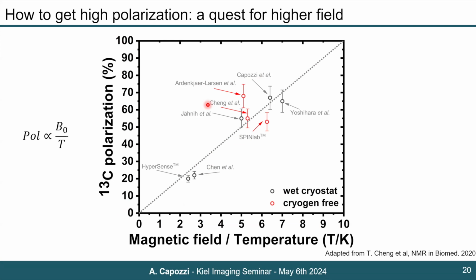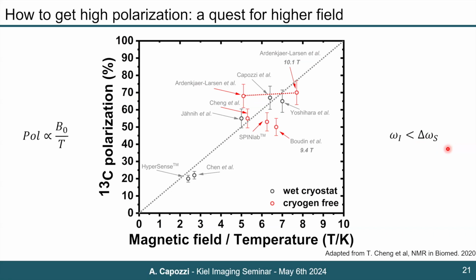But then why not 10, 20 Tesla? Well, there is a limitation. At some point, this trend saturates, because this law is valid only until the Larmor frequency of the nucleus you're polarizing, in our case most of the time carbon, is smaller than the width of the spectrum of the radical.